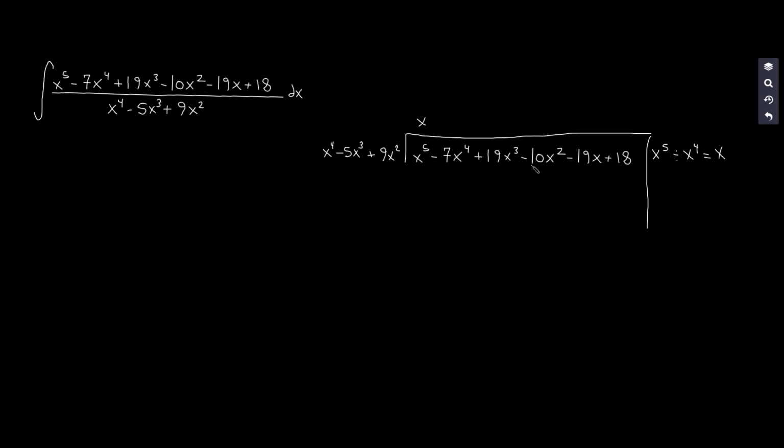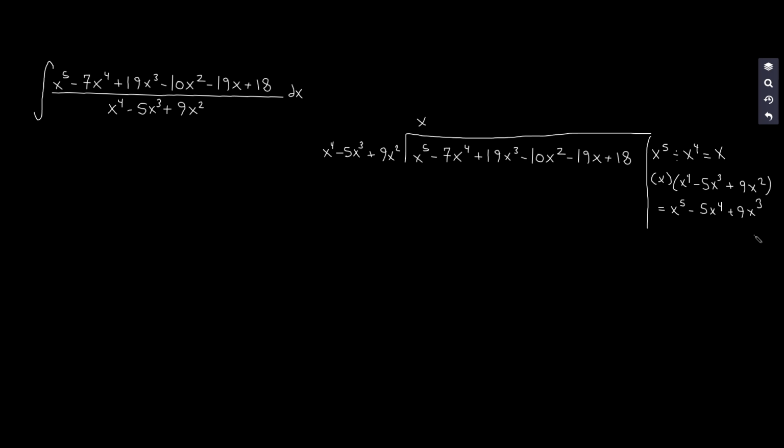Okay. Then I think I have to multiply x to this entire trinomial, I think. Right? Okay. Well, that's going to be x raised to the fifth minus 5x raised to the fourth plus 9x raised to the third, I'm pretty sure.